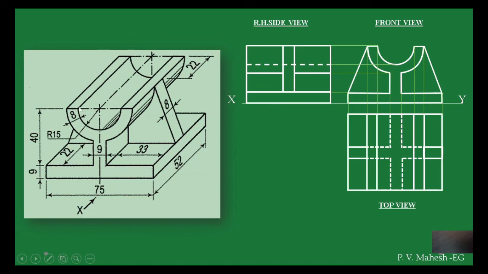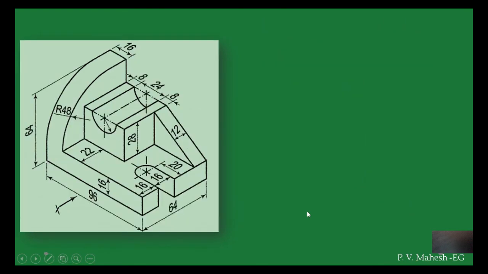The question will be a plain one like this, so you have to identify what will be there in the front view, side view, top view. We'll see one more question and we'll close, or if time is there, we'll go through one more question also. Here you can draw the top view or the front view, either one.